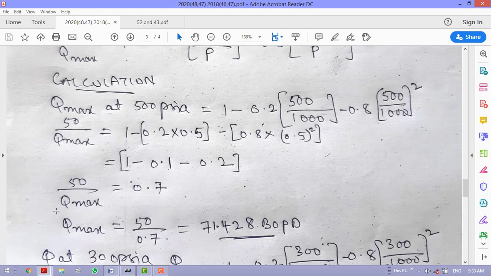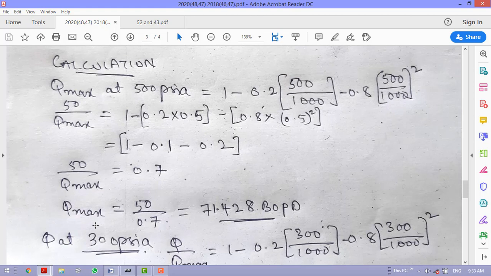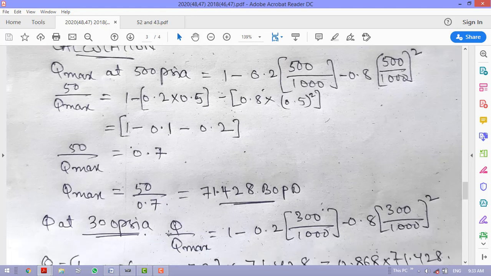So now I have the maximum production of oil, and after that I have to find the flow rate at 300 psi. Though I have to find the Q at 300 psi, the Q max is never going to change, even though the pressure slightly decreases or increases. So by using these two data, the 300 psi and the Q max calculated before, we calculate the flow rate.